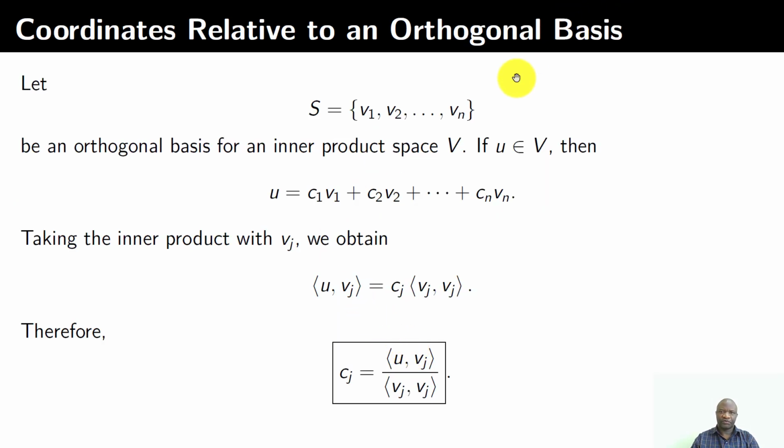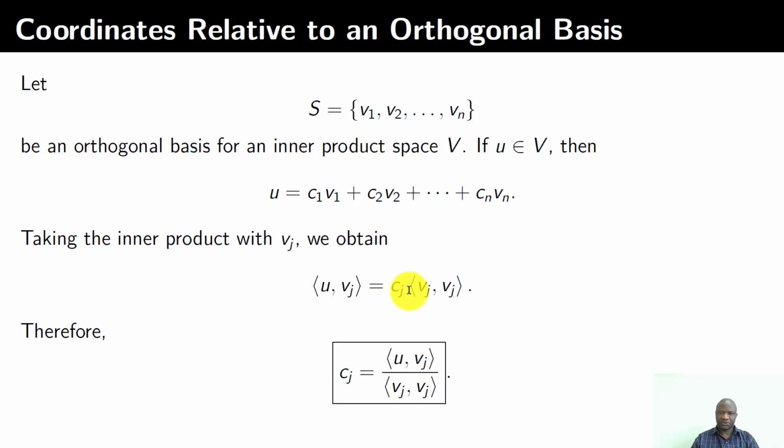Coordinates relative to an orthogonal basis. Let S be the vectors v1, v2, ..., vn, an orthogonal basis of an inner product space V. If u is in V, then we can say u can be written as some linear combination of all vectors in S. Now, taking the inner product of u with any vector, say vj, we obtain the inner product of u with vj.